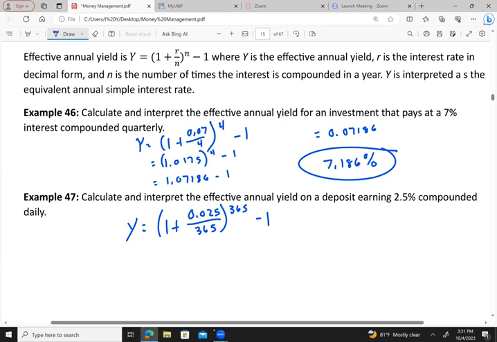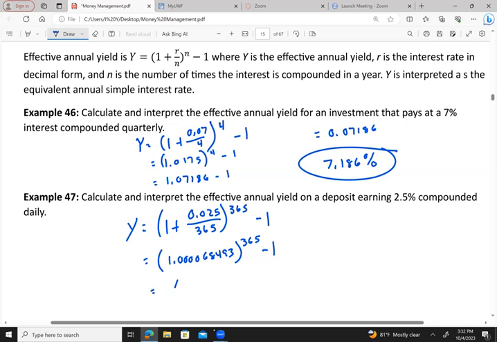Going to add that to 1. And again, we're going to need to keep a lot of zeros here. 1.0000 and I'm going to go ahead and do 68493 to the 365th power because that is what my calculator gives me. So let's take that to the 365th power.